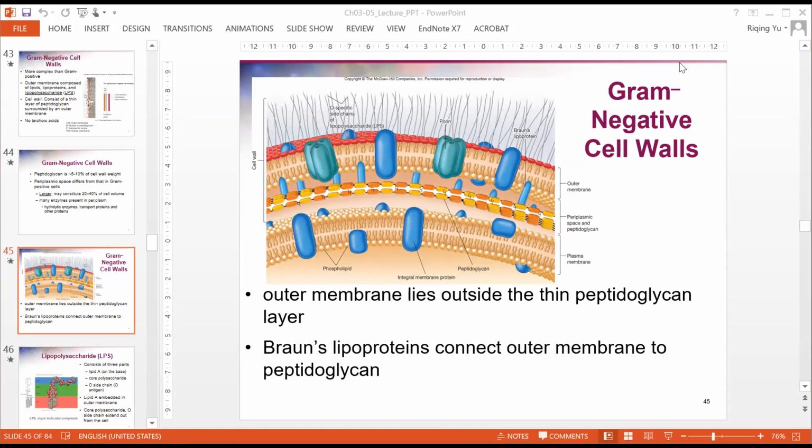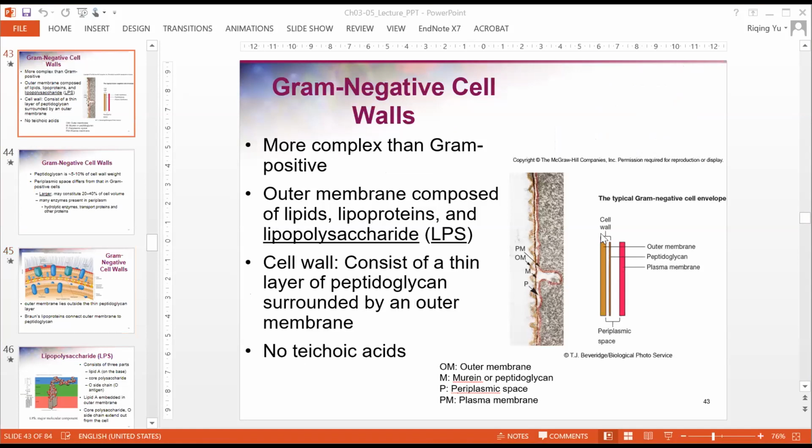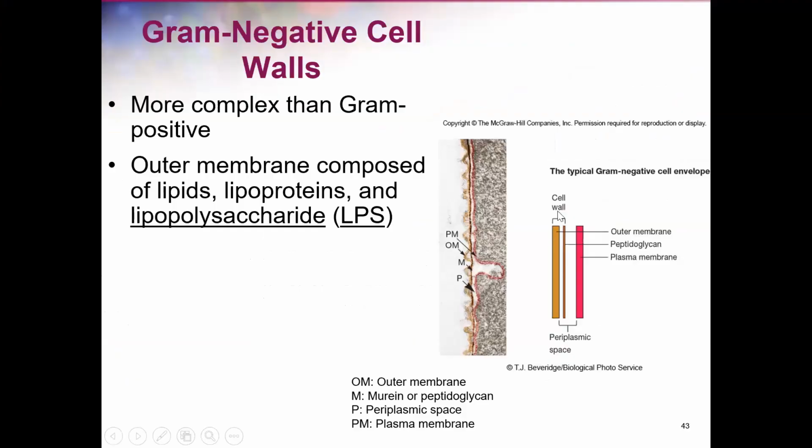Anita asks, is the outer membrane of gram-negative cells considered part of the cell? Yeah, this is actually part of the cell. That's a good question, and it actually captures a slide. It's indicated here, right? The so-called cell wall for gram-negative actually contains two parts: the outer membrane, or the slime, plus peptidoglycan.